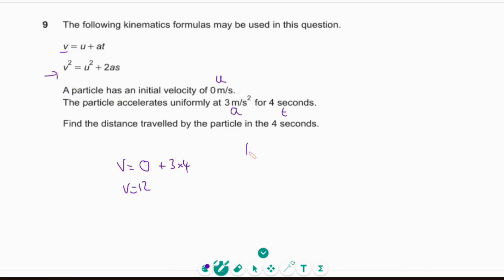V is 12, so 12 squared equals u squared, and u is 0, so 0 squared is 0, plus 2 times a, which is 3, times s, which is distance, which is unknown. So 144 equals 6 times s. Divide both sides by 6 to get s. 144 divided by 6: 6 into 1 is 0, carry the 1. 6 into 14 is 2, carry the 2. 6 into 24 is 4. So s is 24.